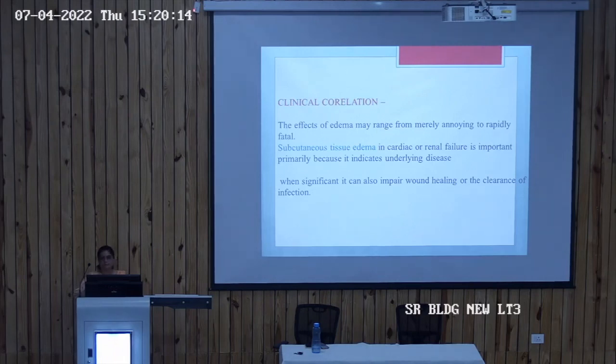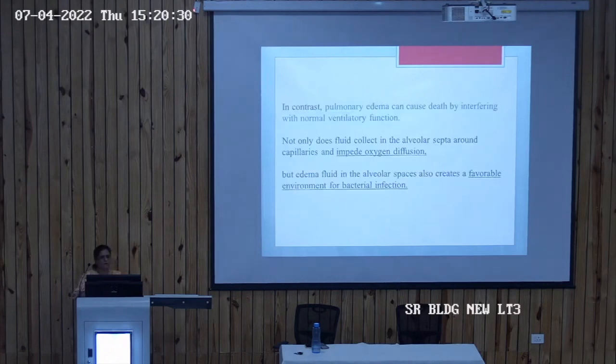What is the pathology? It is just guiding you towards the basic disease, or like jaundice. Jaundice itself is not a disease, it is a symptom, it is a clue, so that you can proceed and follow up the patient or diagnose the patient as to where the problem exactly lies. Pulmonary edema can cause death by interfering with the normal ventilatory function. It impedes the oxygen diffusion and causes a favorable environment for bacterial infection.